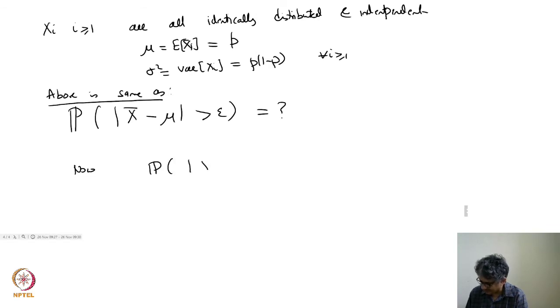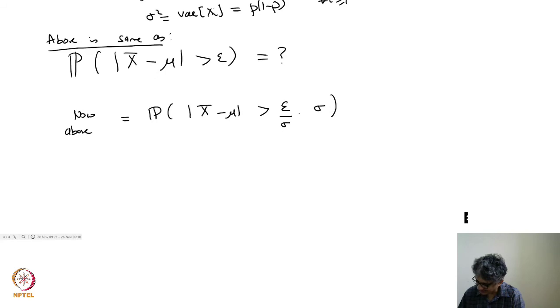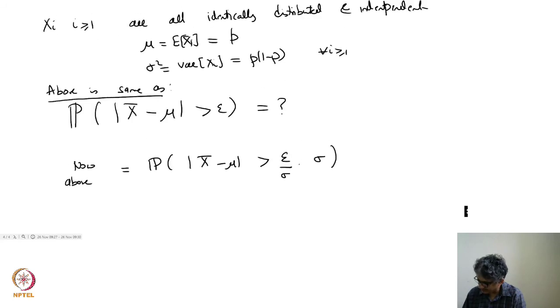For the probability of x bar minus mu being bigger than epsilon, I'll multiply and divide by sigma. The above is equal to this. Now this we know by Chebyshev.